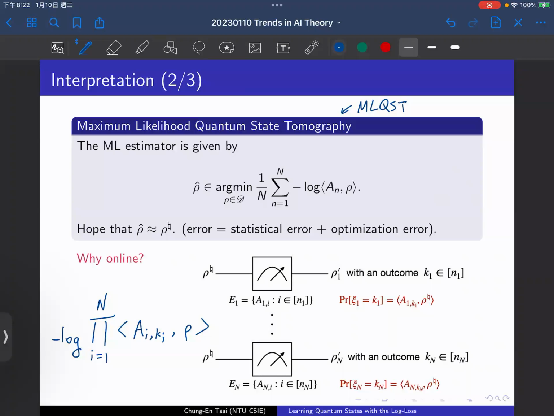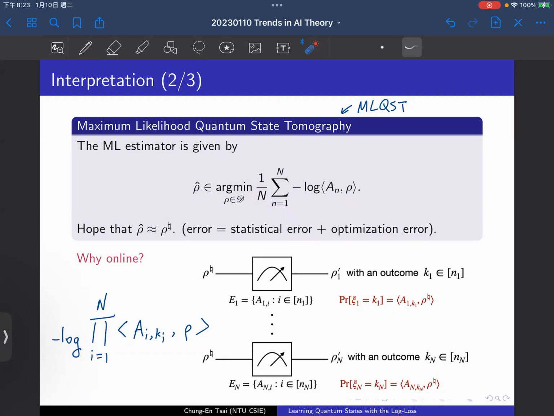This is because there are two reasons. The first reason is that it can be proved that if we can solve this problem and obtain an estimation of the unknown quantum state, our error can be decomposed into two parts. The first part is the statistical error, and the second part is the optimization error. The optimization error corresponds to how accurately we solve this problem.